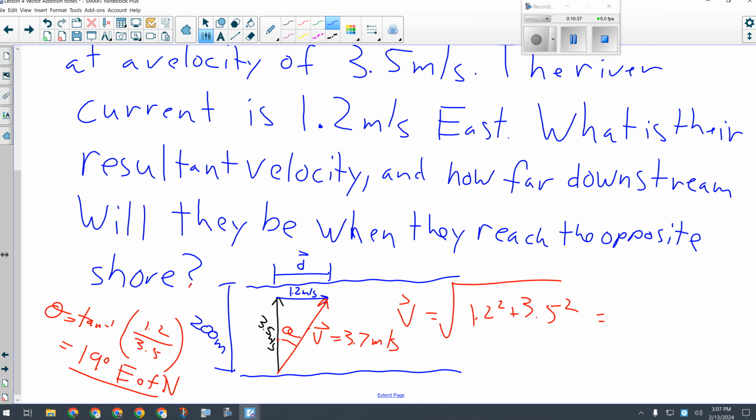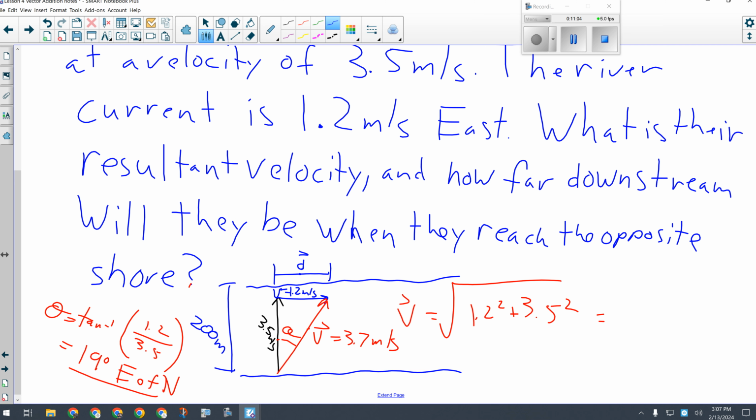That's slightly downstream and mostly across the stream. It isn't down the stream. Do I know how fast I'm going down the stream? It's the speed of the current. So if I'm trying to find d, how far downstream I end up, and I know v, how fast I'm going downstream, what am I missing?